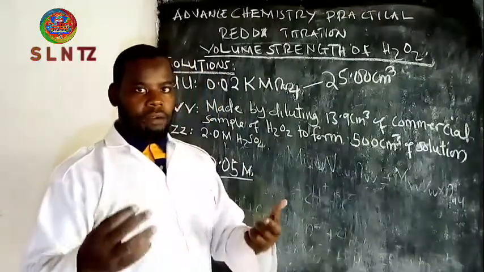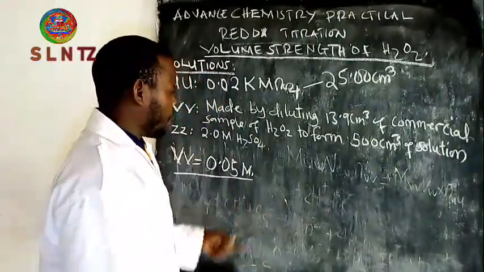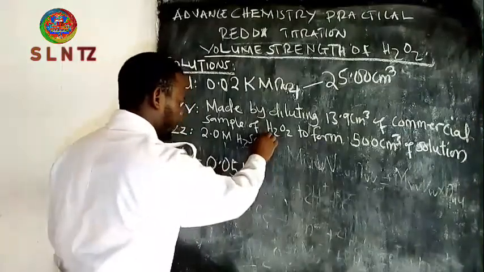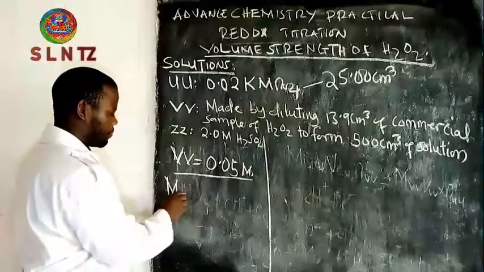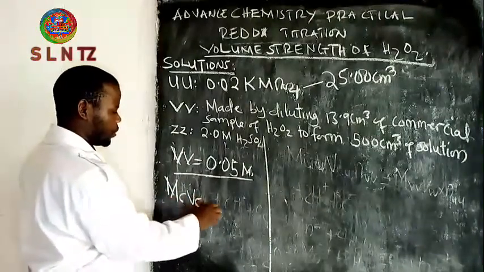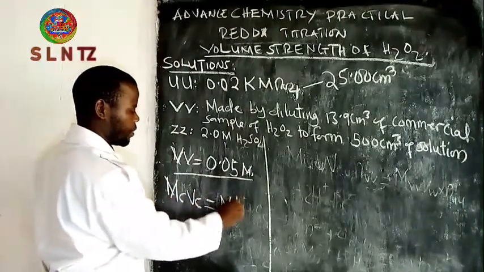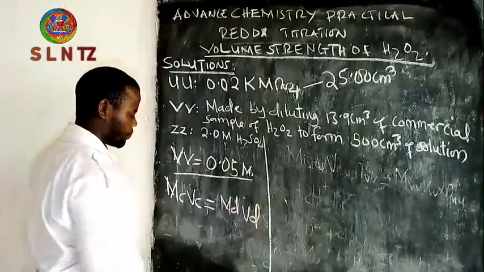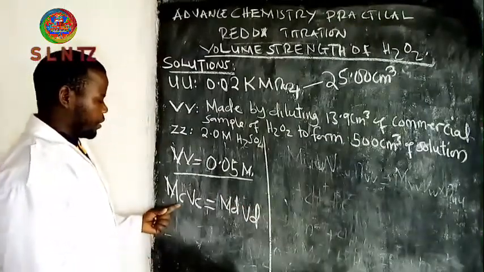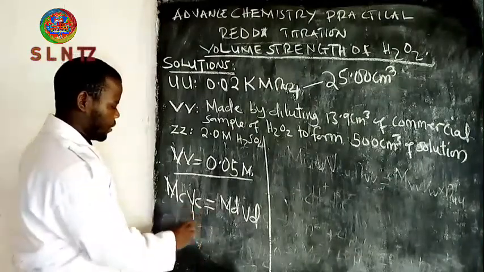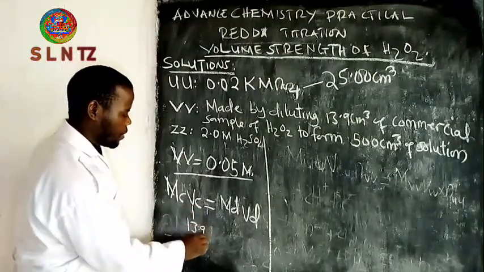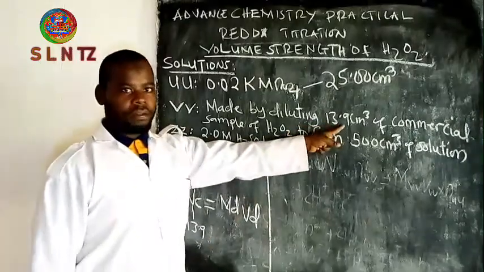So how can you solve? You have to solve through the dilution formula: MC VC is equal to MD VD. MC is required. VC is this one.